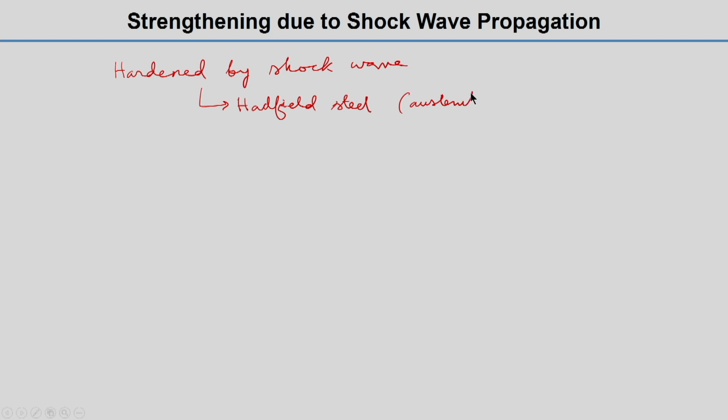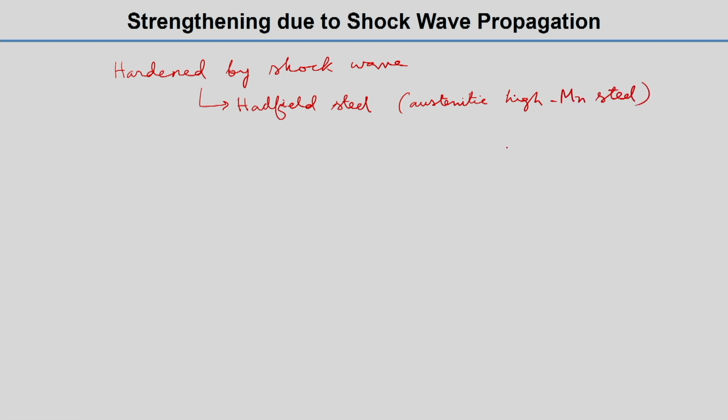We know that most metals can be hardened by shock wave, and in the initial lectures we gave examples of Hadfield steel, which is an austenitic high manganese steel.